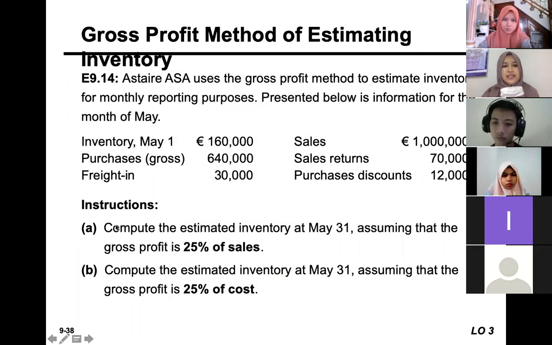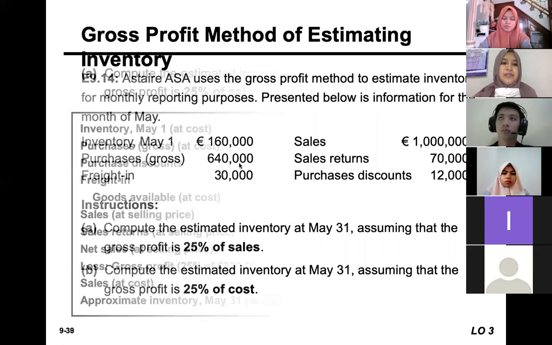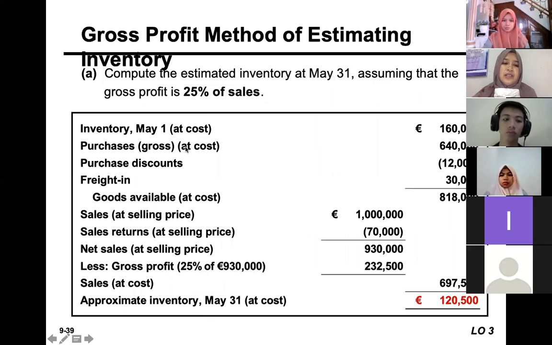Okay, let's say for A, compute the estimated inventory at May 31st, assuming that the gross profit is 25% of sales. So we detail out all this information, starting from the beginning inventory, plus purchases, minus the purchase discount, plus the freight in.